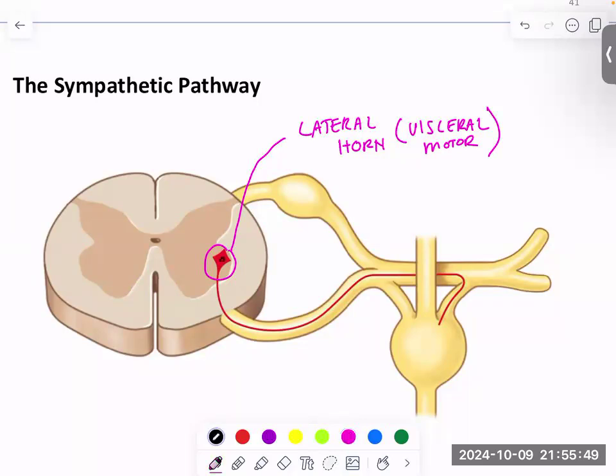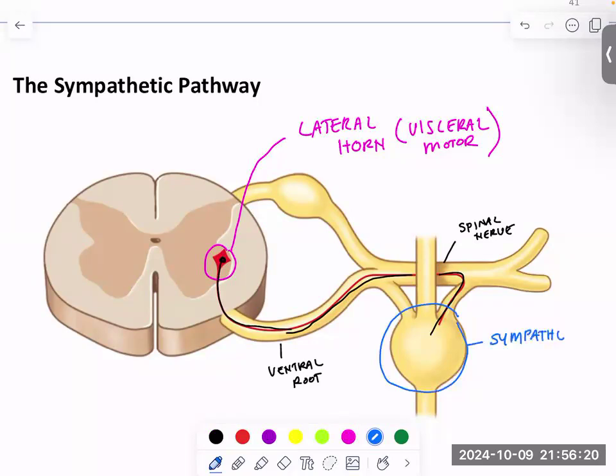They start here, and that neuron goes out of the lateral horn into the ventral root. But then it does something really bizarre. When it enters the spinal nerve, it goes into this ganglia. This ganglia is only in the sympathetic division. It is the trunk ganglion.